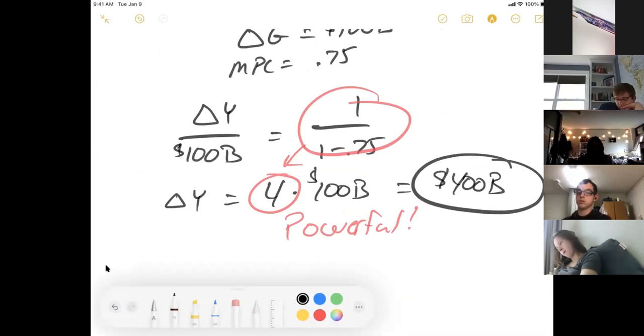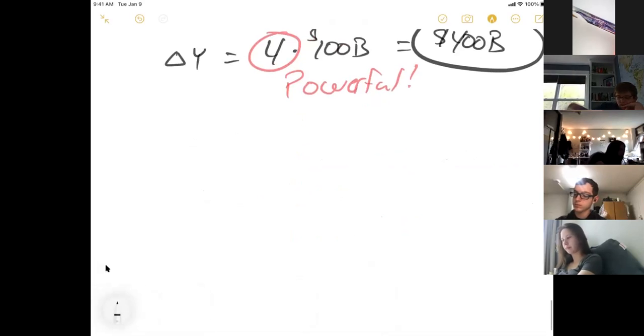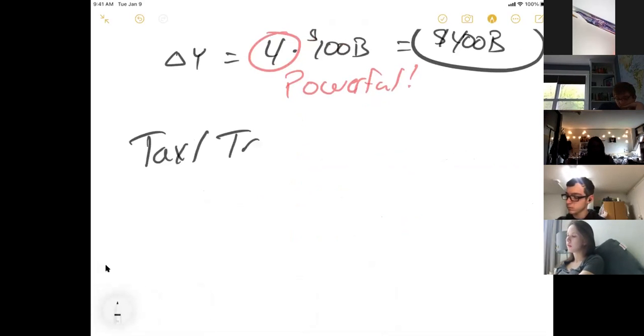Is there such a thing as a tax multiplier or a transfer payment multiplier? Yeah. Just like there's a government spending multiplier, there's a tax or transfer payment multiplier.